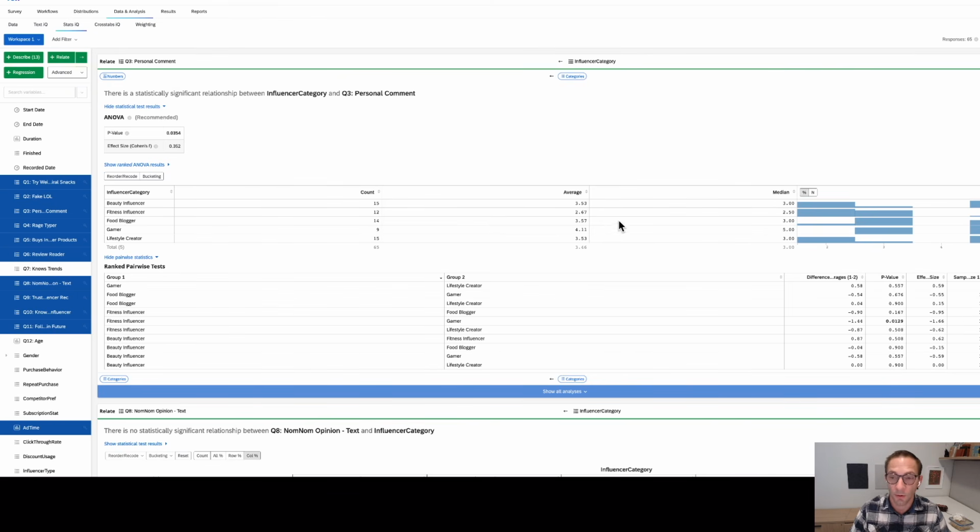Okay, so 4.1, although it appears higher than the next highest, which would be 3.57, this is not a significant difference. Okay, so gamer is not significantly higher than food blogger. Therefore, gamer isn't the winner over food blogger because there's a high likelihood that that difference is due to chance.